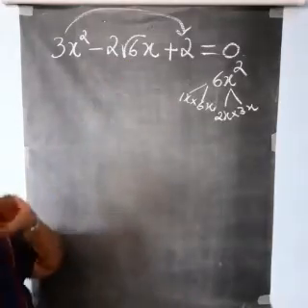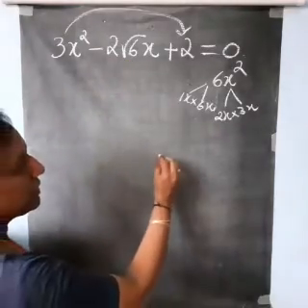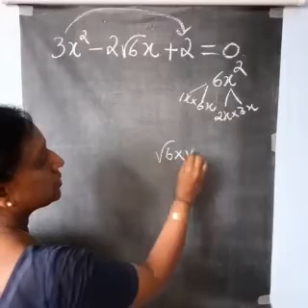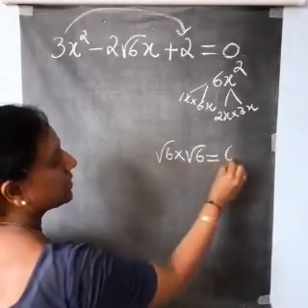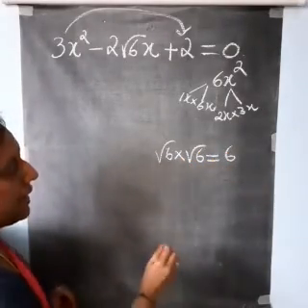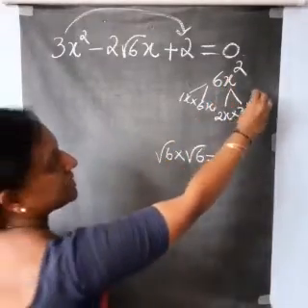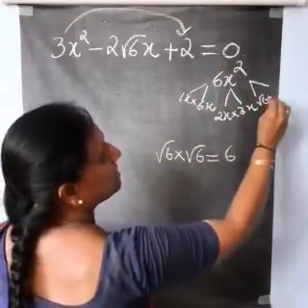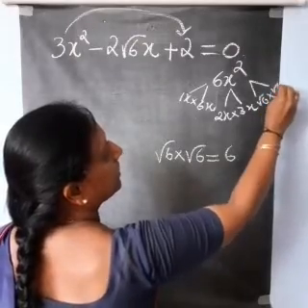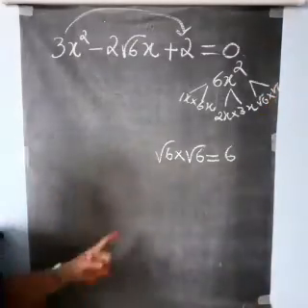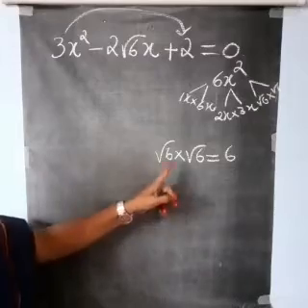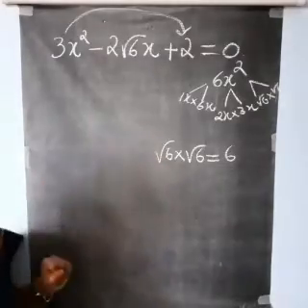Now root 6 we need, right? So we know that root 6 into root 6 is equal to 6, correct? And when we multiply, we are getting 6. So we can take root 6 as the factors. Okay? Root 6 into root 6. Now you see, we have to see whether when you add or subtract, you get the middle term.